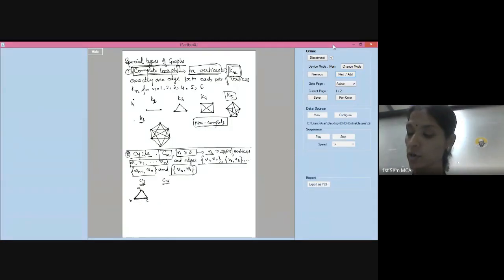Let us try to write C4. C4 means 4 vertices. This is one vertex, second, third, and then you come back to the same vertex. This is again a cycle of 4 vertices. Let us write what is C5.